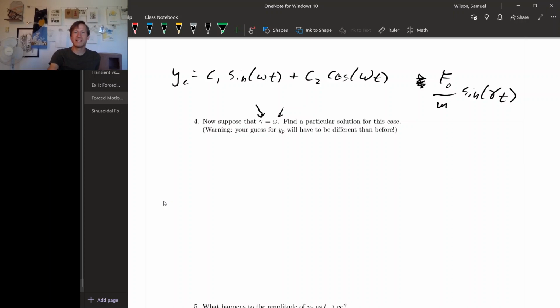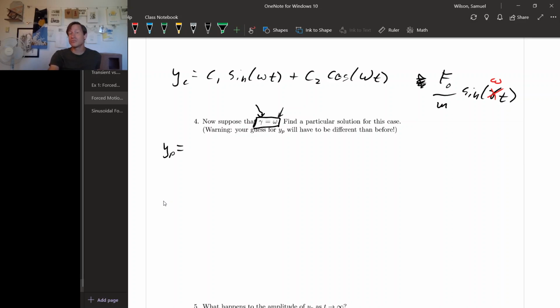So what we would normally choose for our particular solution in this case would be, remember we're assuming gamma and omega are the same, so this gamma right here is actually omega in this case. And now there's some overlap between what we would want to guess for our particular solution, which is sines and cosines with gamma t inside. That overlaps with the complementary solution, which has sines and cosines with omega t's inside.